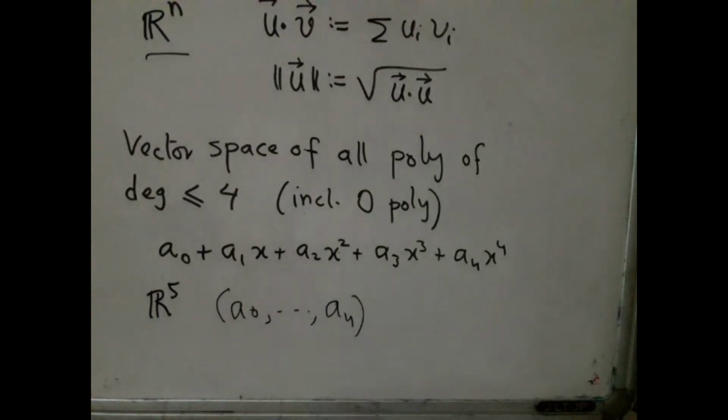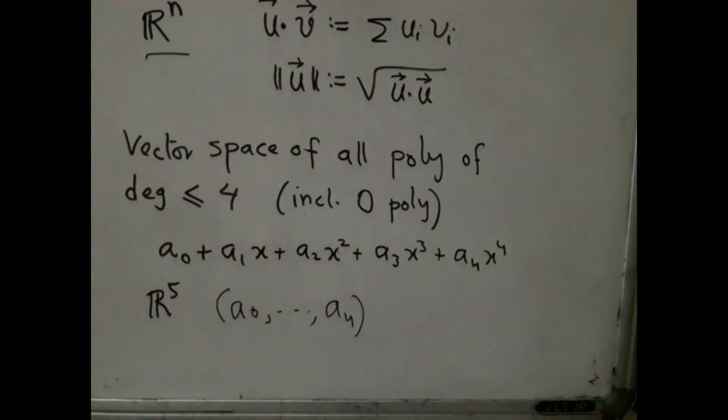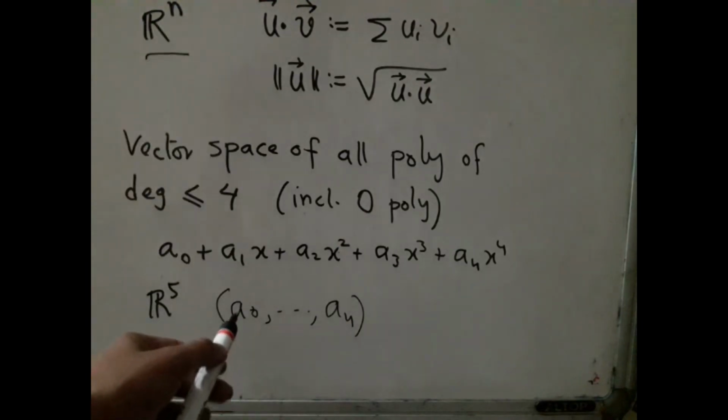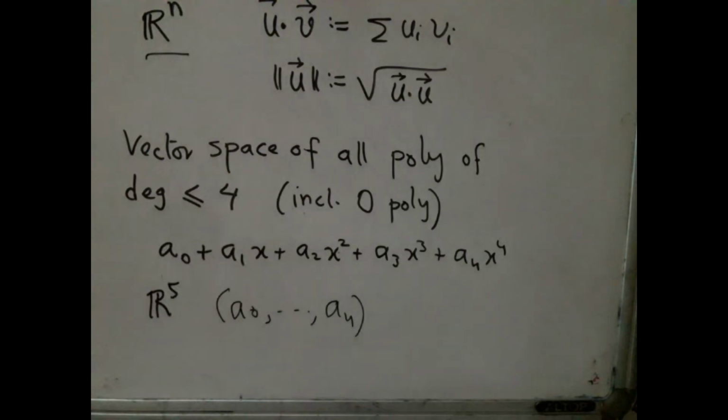So, if someone gives me two polynomials, I can just treat them as two entries of R5 and talk about the dot product between two polynomials as just a0 b0 plus a1 b1 plus etc. And similarly, I can define the norm square or the norm of a polynomial.